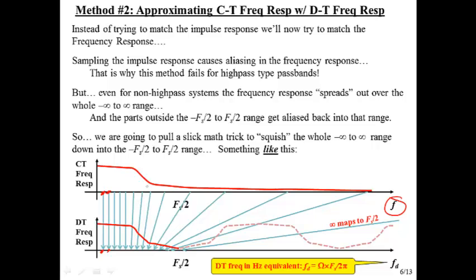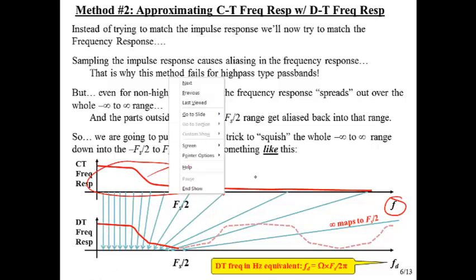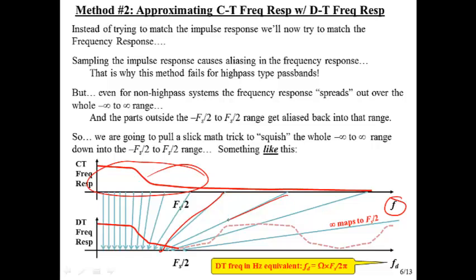So that means that we're taking that frequency and moving it a little bit to a lower frequency, but not a lot. But then as we get outside of the significant region where this filter is passing stuff, now we're starting to really move things down a lot. And in fact, when we get out to infinity, we're essentially mapping infinity to exactly fs over 2. So that's what we would desire.